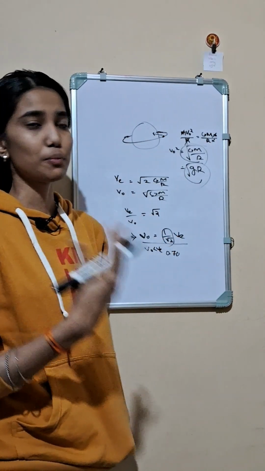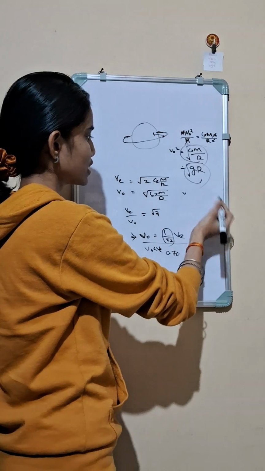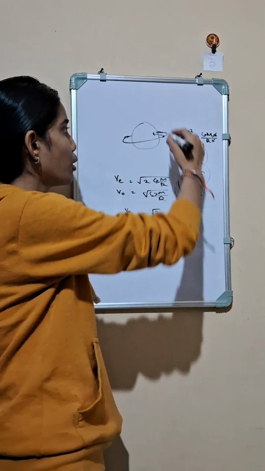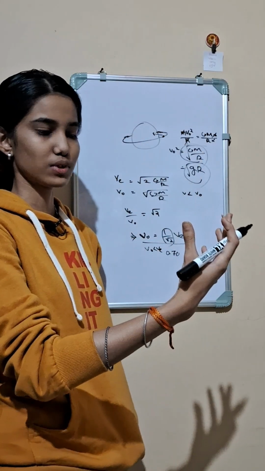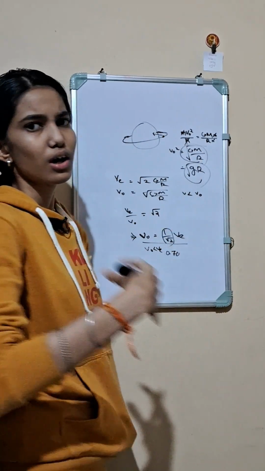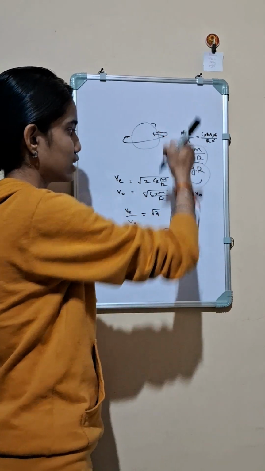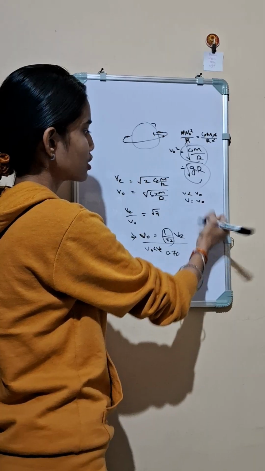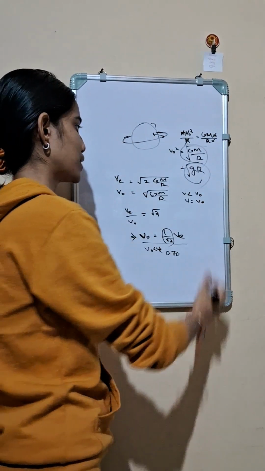We have some cases for this situation. If the velocity is less than orbital velocity, the object thrown or moving will go in an elliptical path and fall on the Earth. But if velocity equals v naught, it will move around Earth in a circular path.